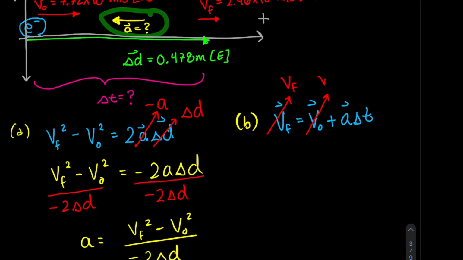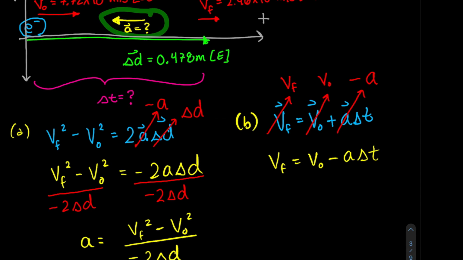Our final velocity points to the right, so it's v final. Our initial velocity points to the right, so it's v initial. Our acceleration points to the left, so it will be negative a. Simplifying to v final equals v initial minus a delta t.